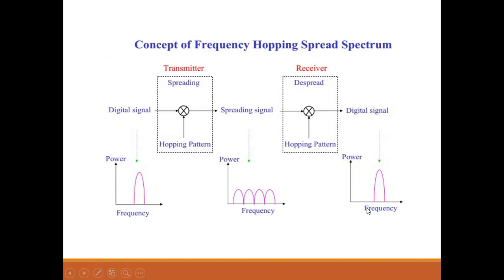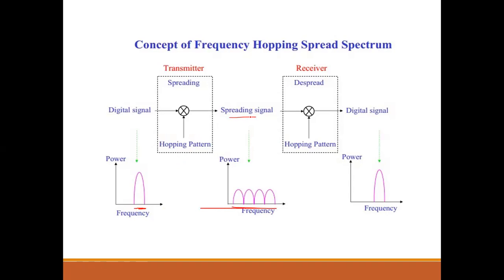Here we can see the digital signal frequency hopping pattern. In this case, the frequency band will be enhanced. As you can see in the first picture, the band is this much, and here the frequency band has been enhanced to some extent.